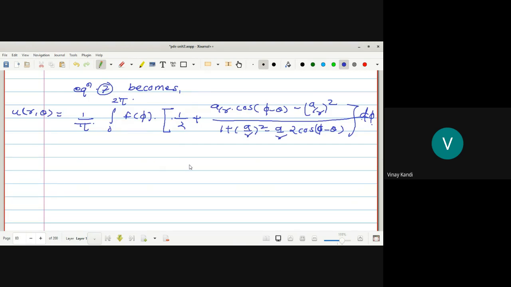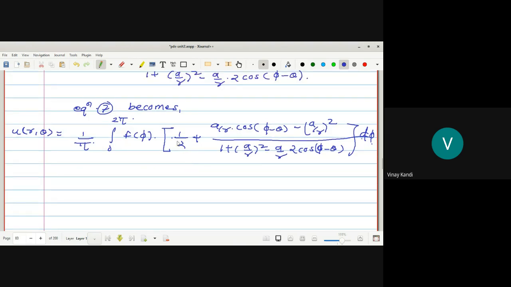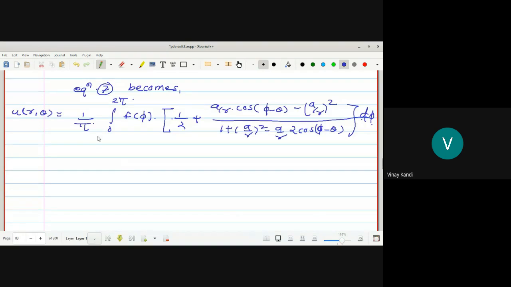कसं सॉल्व करणार ते क्रॉस मल्टिप्लिकेशन करायचं दोघांचं. ओके क्रॉस मल्टिप्लिकेशन केल्यानंतर काय येईल ते हा डिनॉमिनेटरला जो 2 येईल तो बाहेर येईल 1 upon 2 pi 0 to 2 pi f of phi.